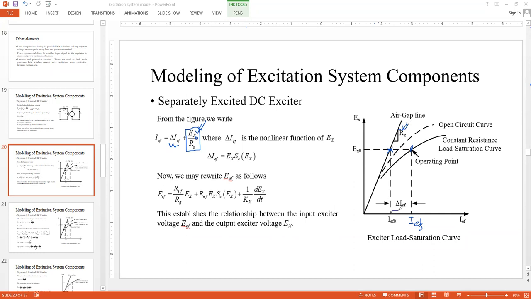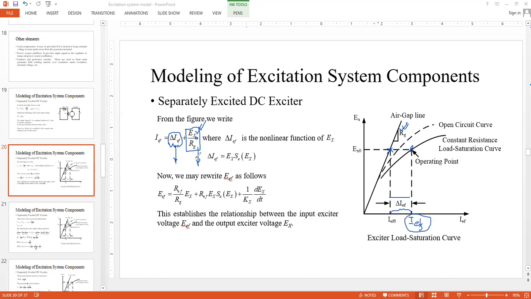And this is the increment from IEF0. So in total, IEF is nothing but IEF0 plus delta IEF, that is the change in IEF. This delta IEF is basically taking account of the nonlinearity present in the curve, whereas the first part doesn't take into account any nonlinearity. So this is the linear part, and this is a purely nonlinear part.